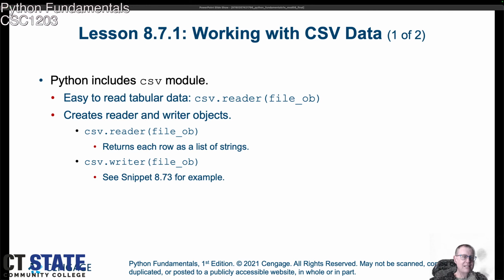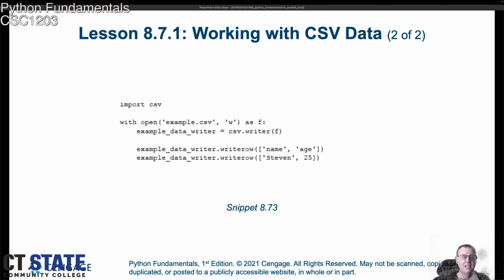With CSV, you've got to import it, but then once you've got it, you can use the reader, you can use the writer, and it's pretty straightforward. Right? You can open the file for writing, and you can grab a writer for the file, and you can write rows depending on how you want to write them.